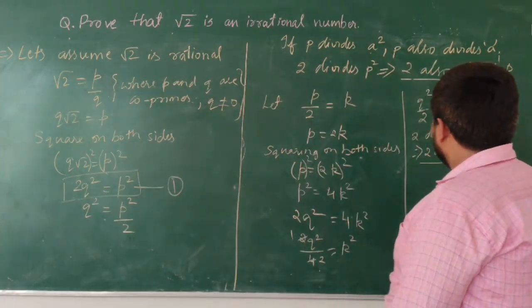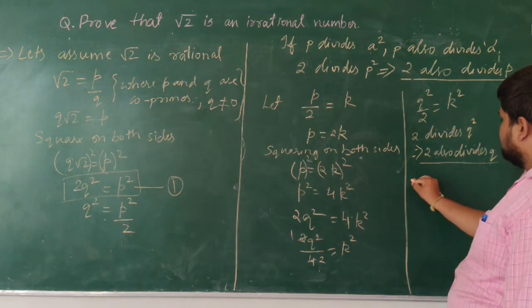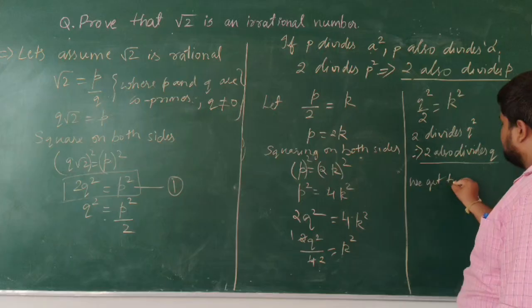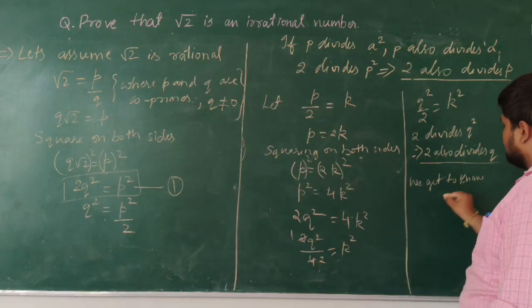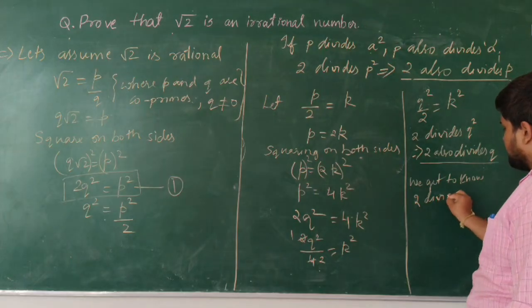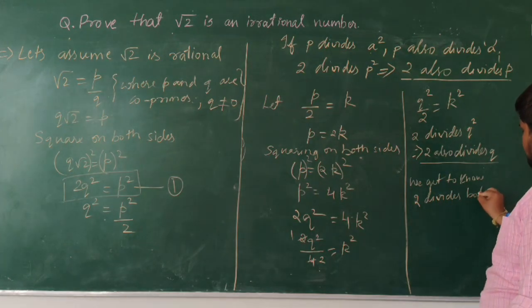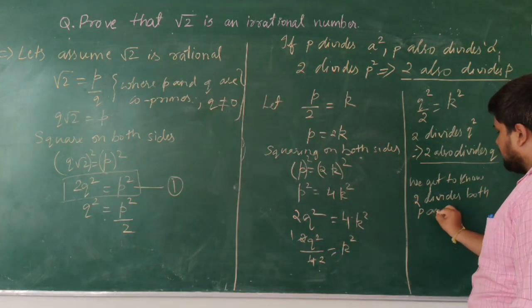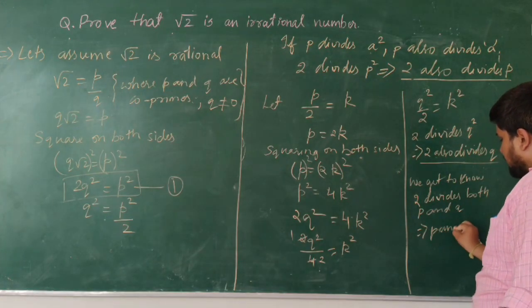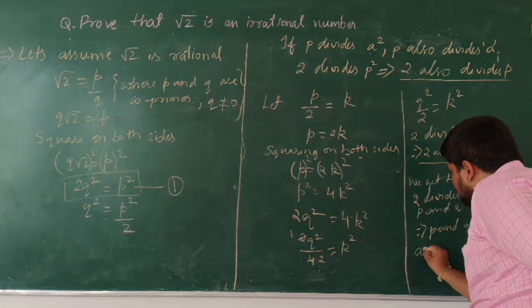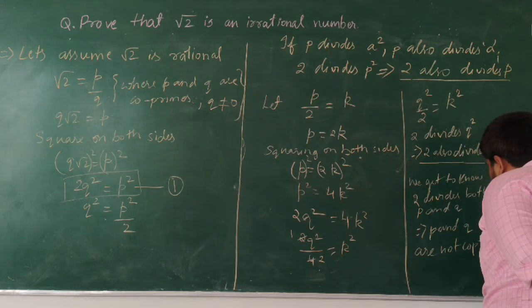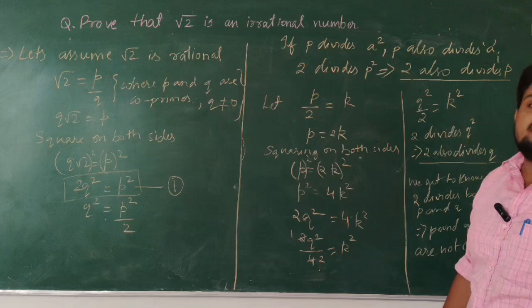So we get to know that 2 divides both P and Q. This implies P and Q are not co-primes. Here is a contradiction.